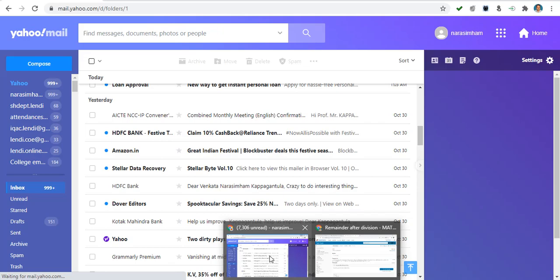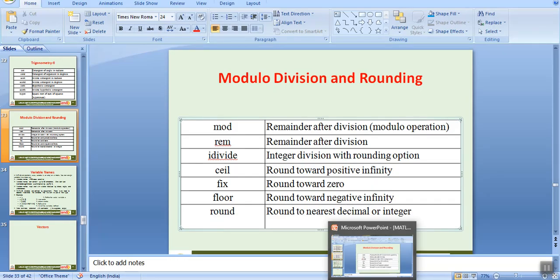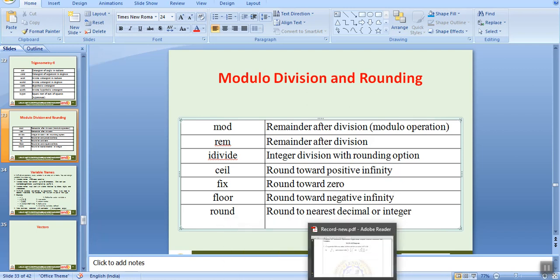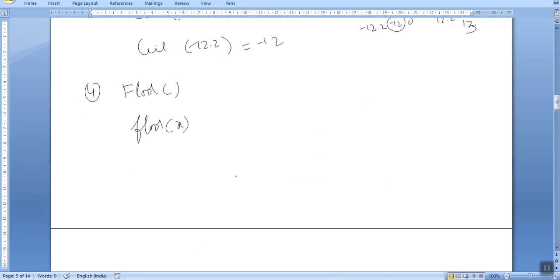So 12.2, here 0, 12.2, towards negative infinity is 12.